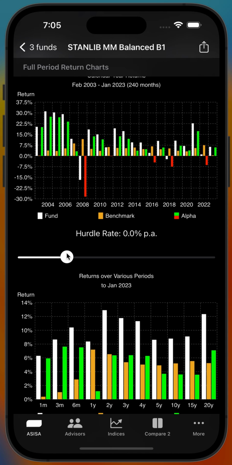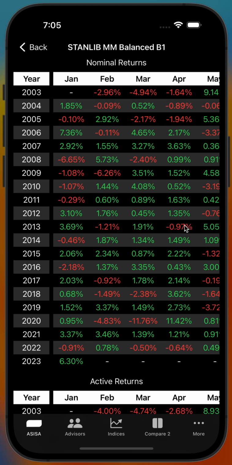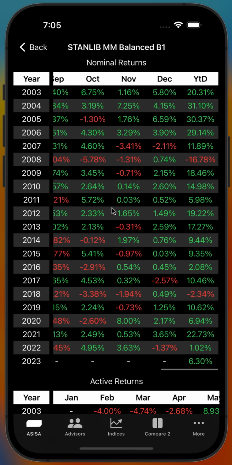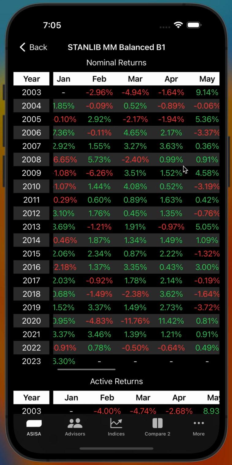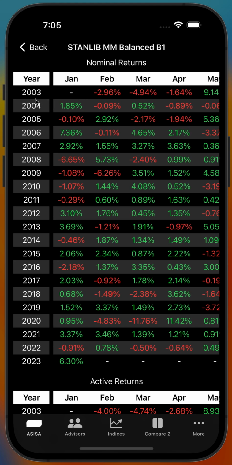And you might have seen by clicking on here, I've got a table of all the individual monthly returns. Okay, so all the way back to 2003, as I said, we've only got 11 months because I've got 20 years of data exactly. So when I add January 2023, I drop January 2003.